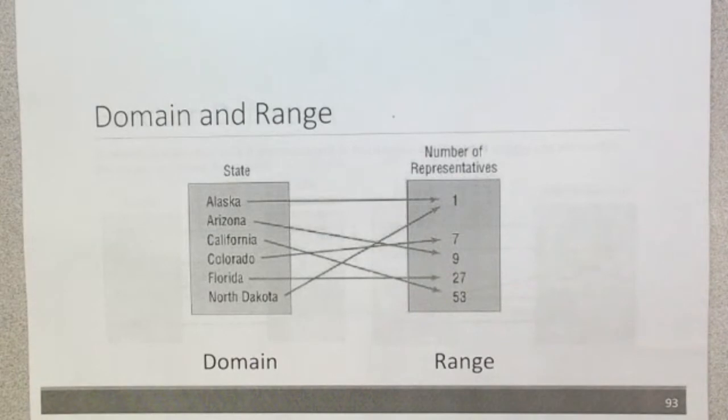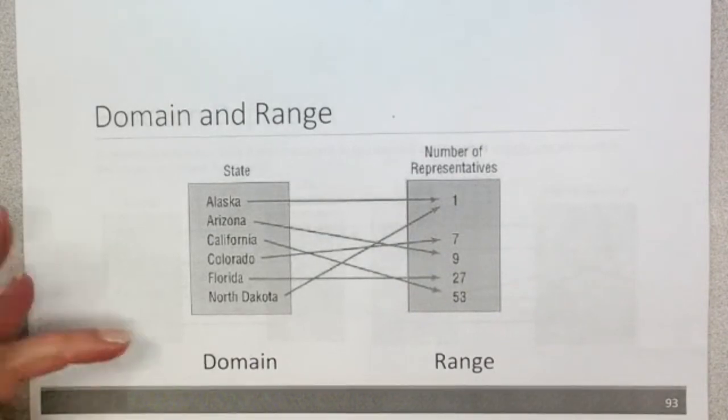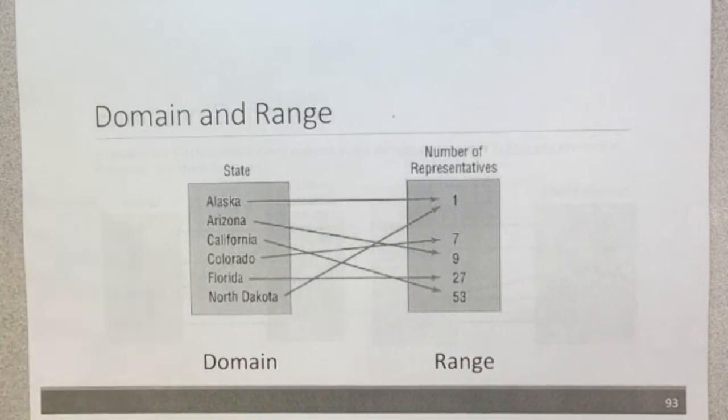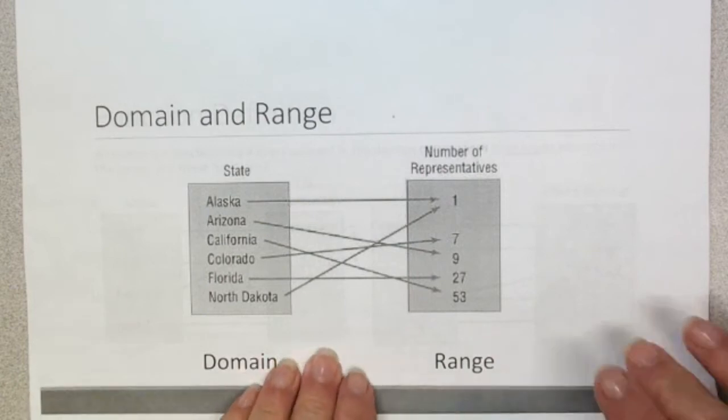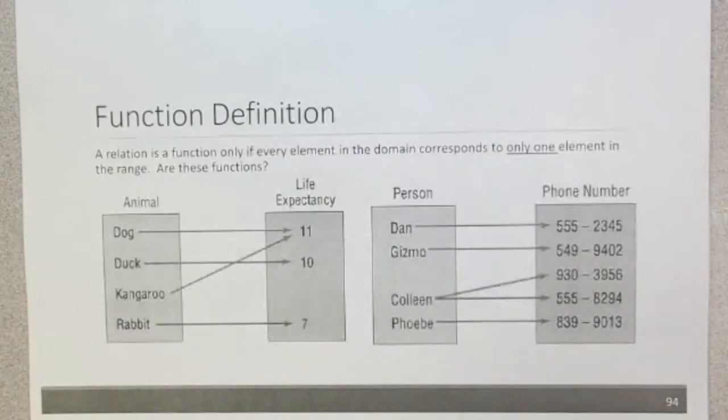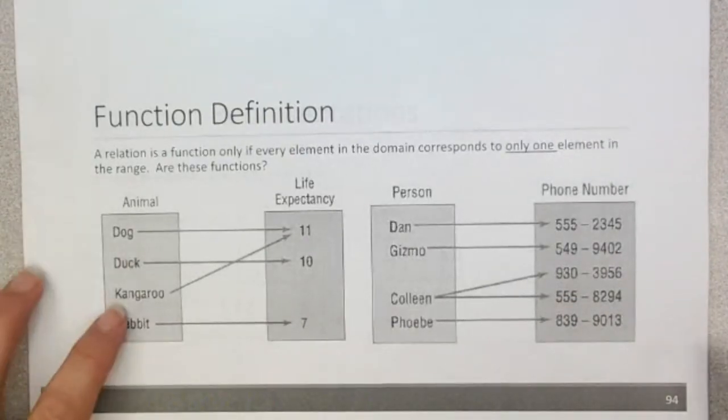The set of all possible inputs to a relation is referred to as the domain, and the set of all outputs of a relation is referred to as the range. So let's look at a couple of examples of relations.